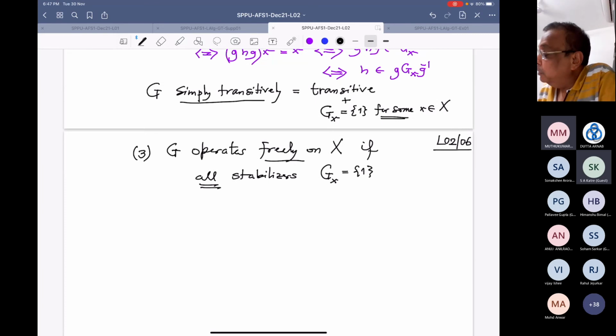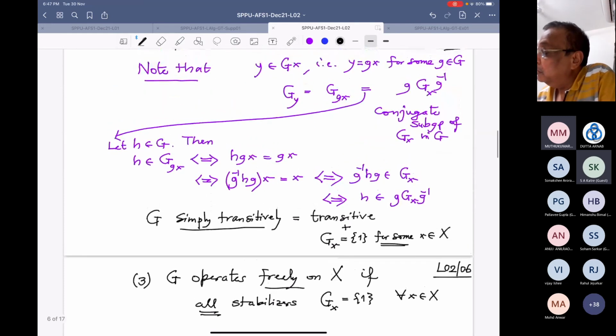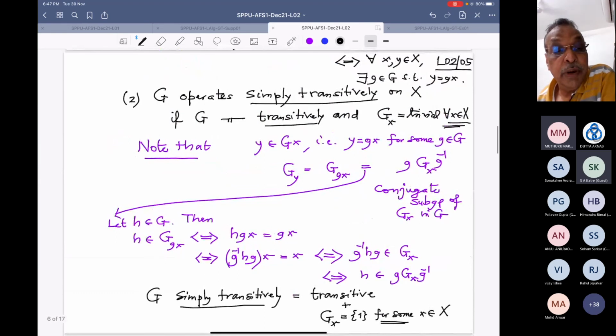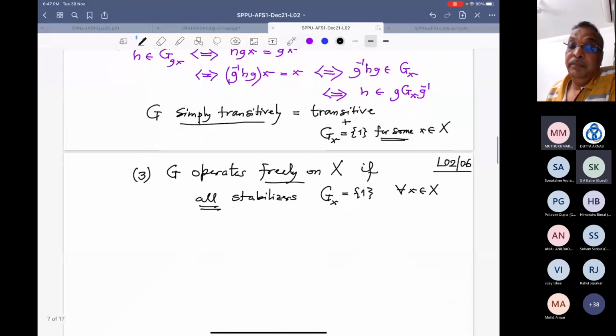All. That means for every x in X, the stabilizer is trivial. But now we cannot conclude like before because we don't have transitivity. See, transitivity is not part of the definition. All right. So that is a free action.